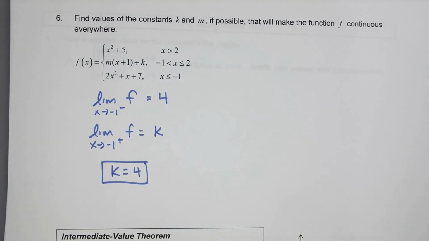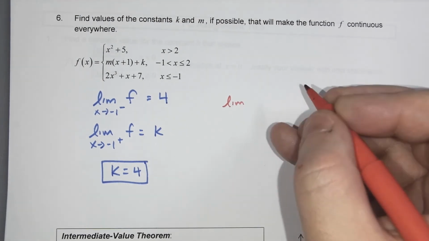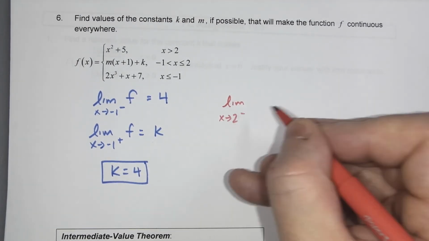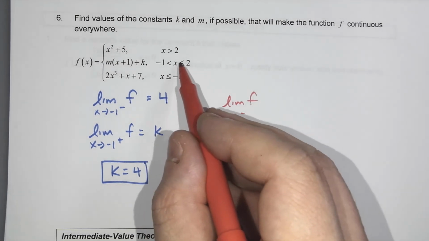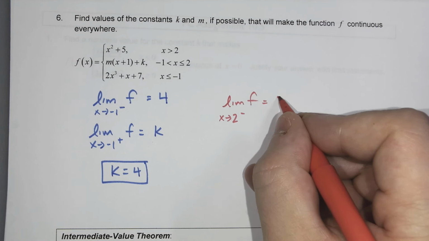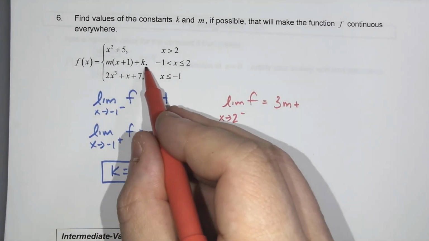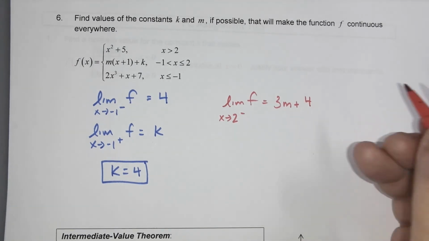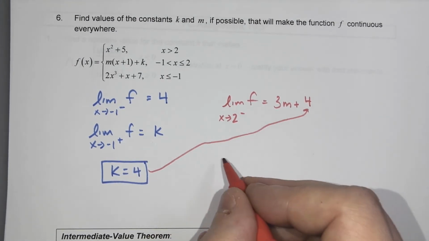We need to make these two equal so that we get our continuity at -1. And now let's do the continuity at 2. The limit as x approaches 2 from the left of f, so we're a little bit less than 2, means we're in here. 2 plus 1 is 3. 3m plus k, but I already got what k is. K's got to be 4, so I'm using the k here.